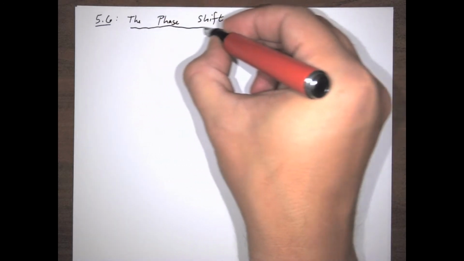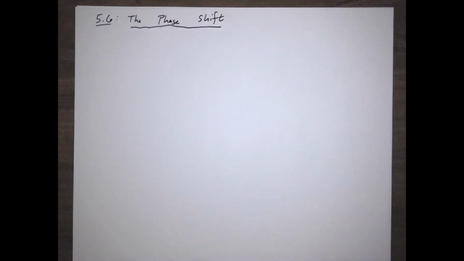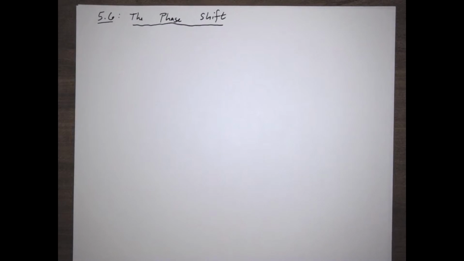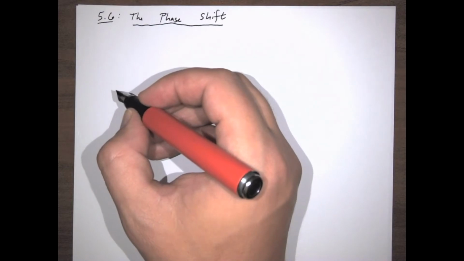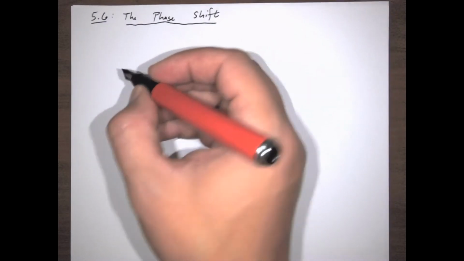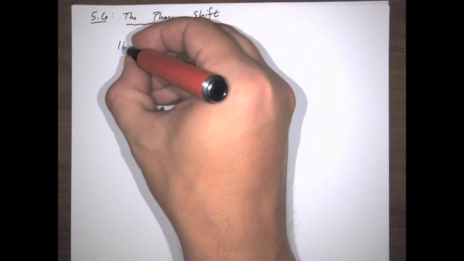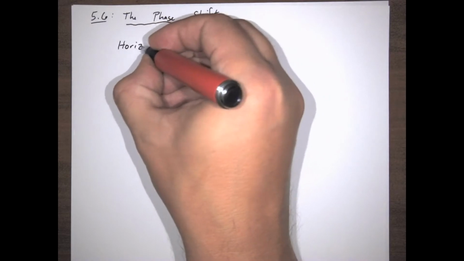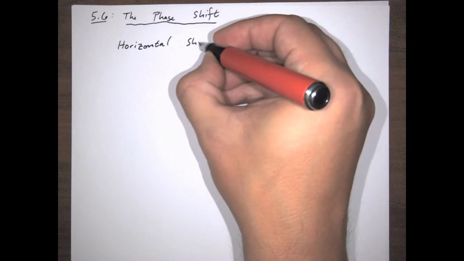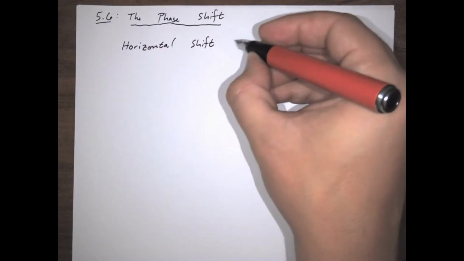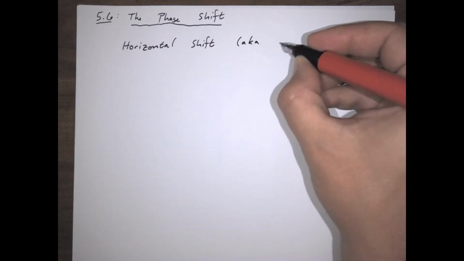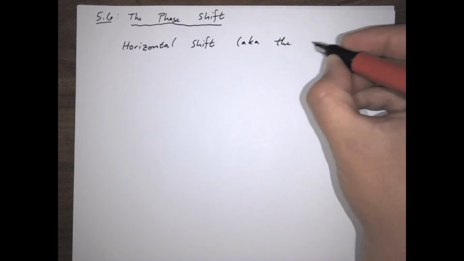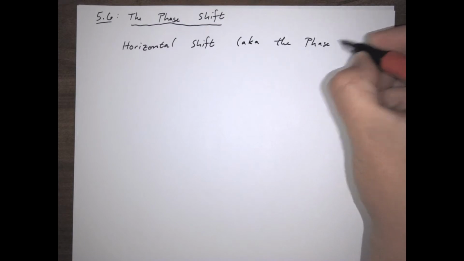So the idea here is that we are introducing a horizontal shift that will change the graph by moving all of the key points some designated horizontal amount. Horizontal shift, also known as the phase shift.